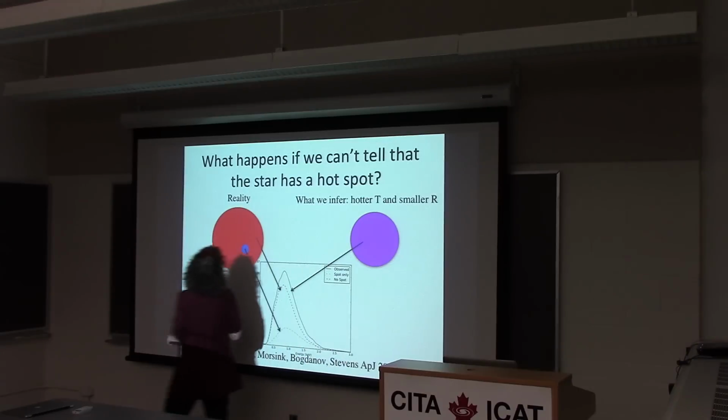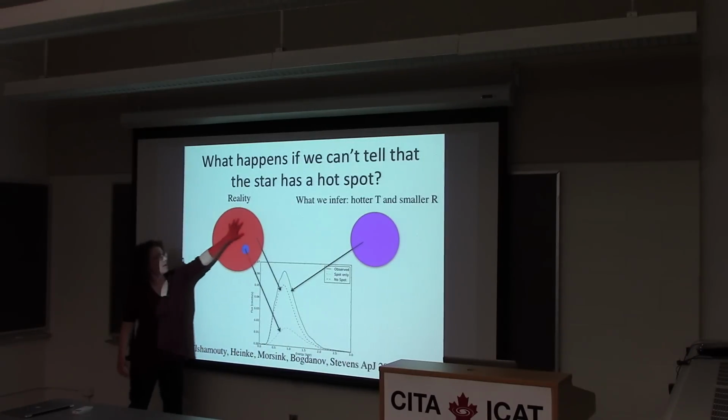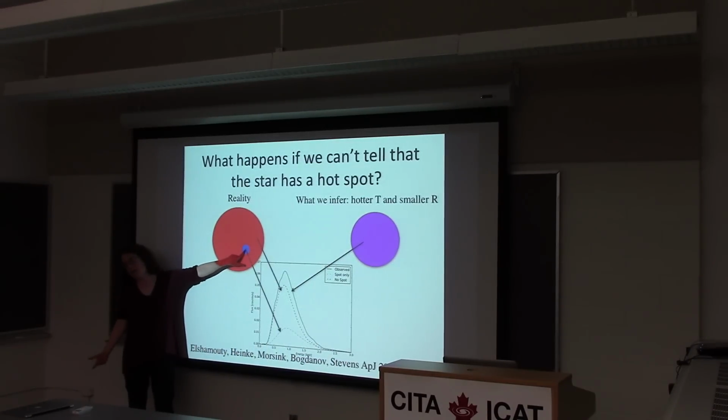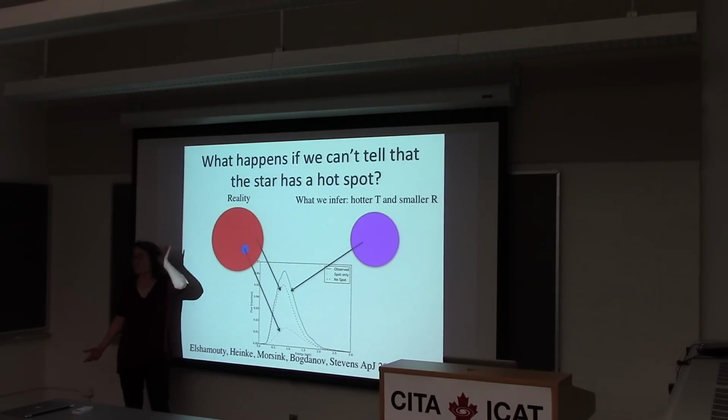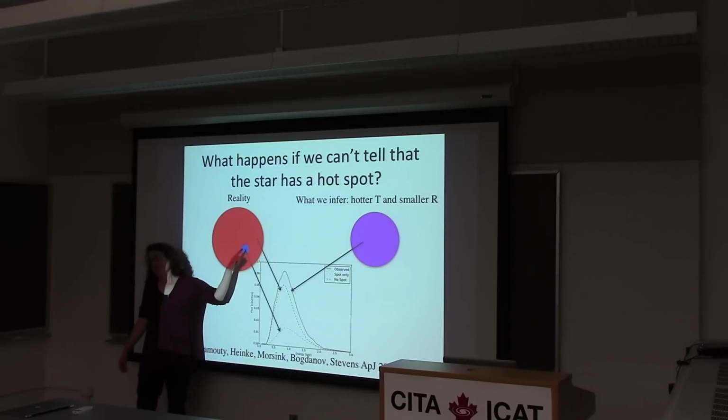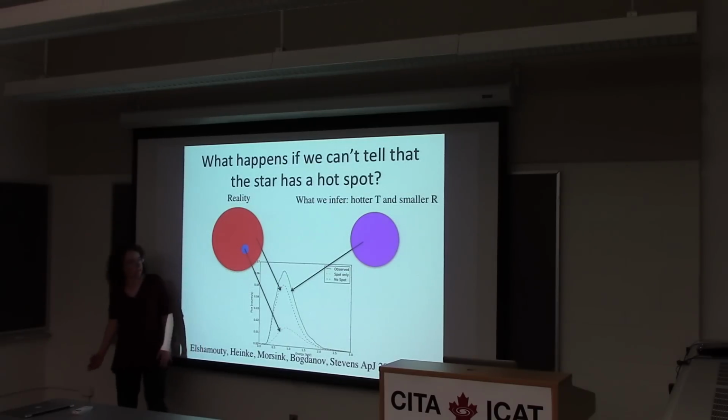And so if what you have is a star that is mainly cool and it's got a hot spot, and you can't resolve that, and you just assume that you're seeing one temperature, what you're going to be doing, if you just think of pure black bodies, is that when you add 2 black bodies, it skews the effective temperature a little bit to the blue side.